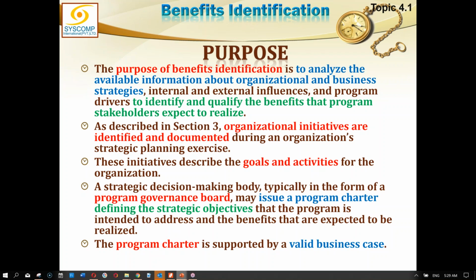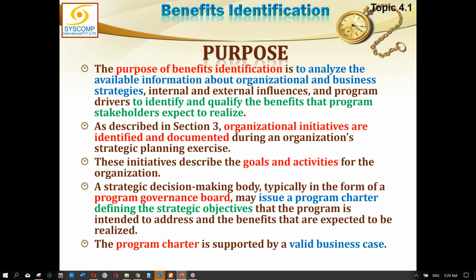That is exactly why portfolio has its own alignment. Portfolio has its own alignment with the organizational strategy, and that might be different from the alignment of a program or a project with the organizational strategy. Everything, portfolio, program, or project, are actually aligned with the organizational strategy in their own way. So this is not like, project is answerable to program and program is answerable to portfolio.